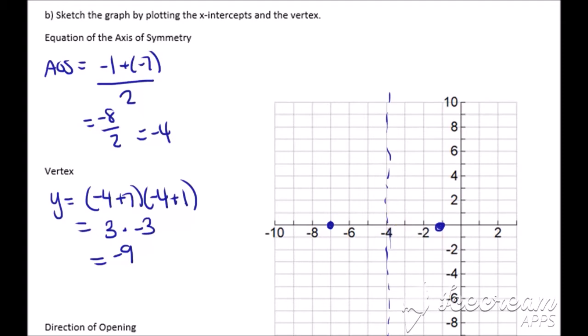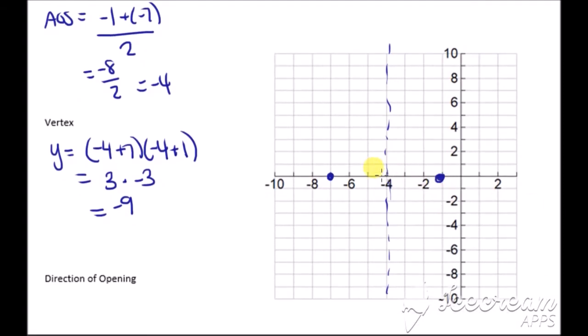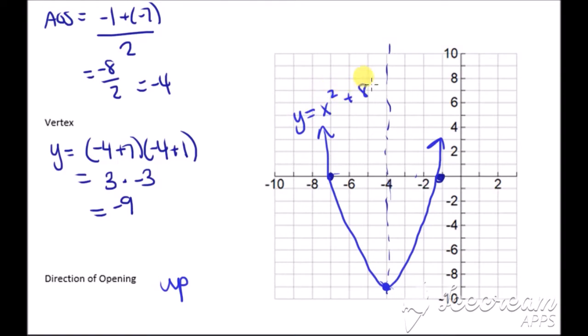So the vertex occurs at (-4, -9). Okay, and direction of opening, this definitely opens up. We can see that from the a value, the leading coefficient, or we can just see that by these 3 points. And then at the end, you can go ahead and label this y equals x squared plus 8x plus 7.